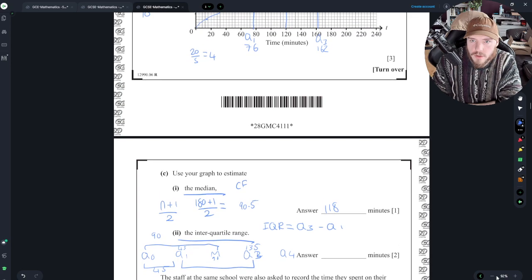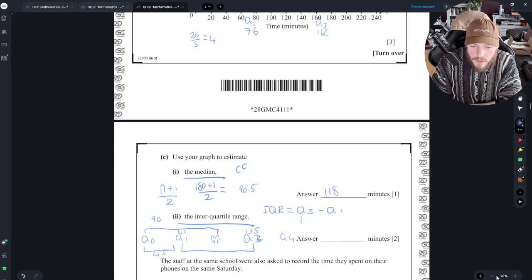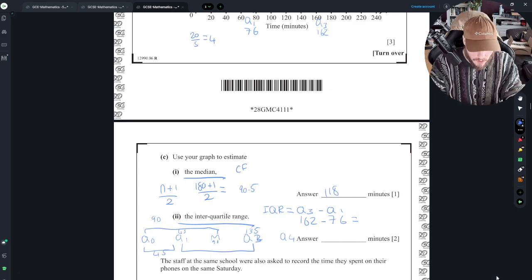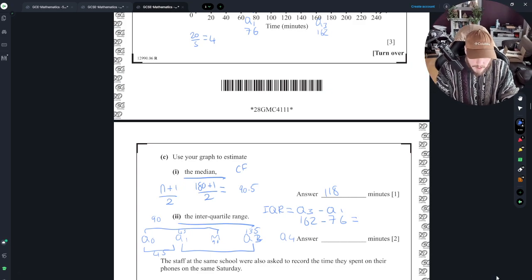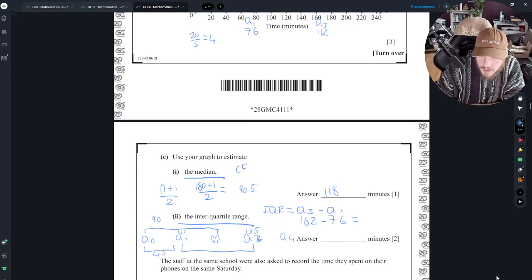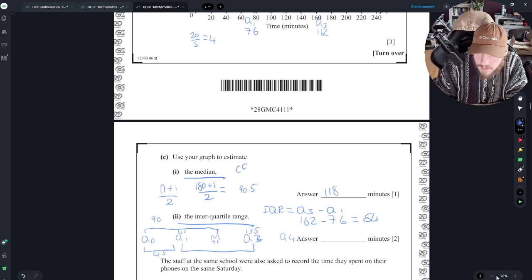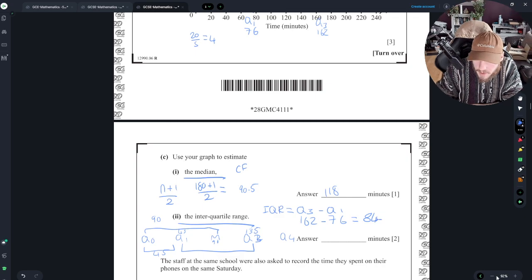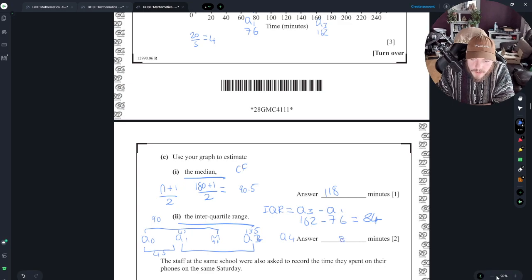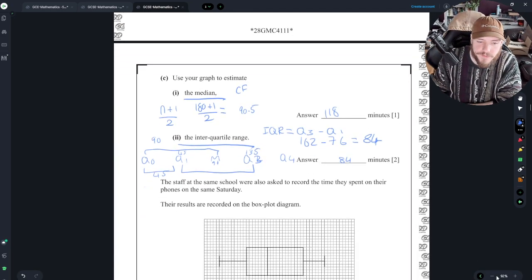So it'll be 162 minus 76, which is then equal to, something like 86. If your mental minds aren't warmed up, just use the calculator. So it'll be 86 minutes will be our range.